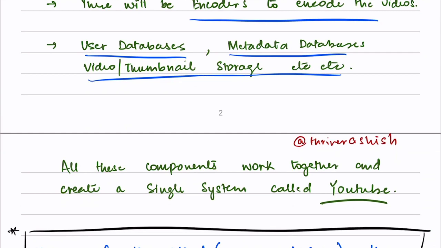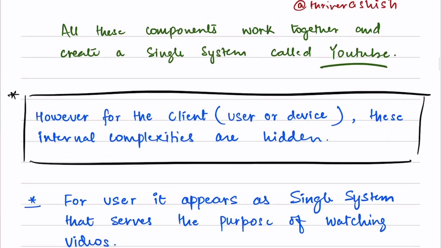However, for the client, user or device, these internal complexities are hidden. Let's suppose you are watching a video, but you are not aware of how they are doing the encoding.